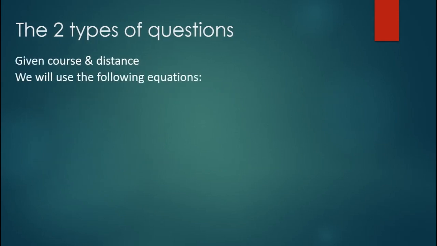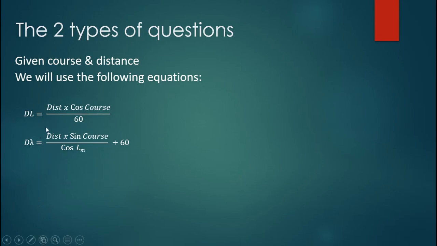So when you're given a course and a distance, we'll use the following equations here. And these equations are printed in Bowditch, but I have them a little bit different here, whereas we divide by 60 right here for your difference in latitude, and we also divide by 60 for your difference in longitude.